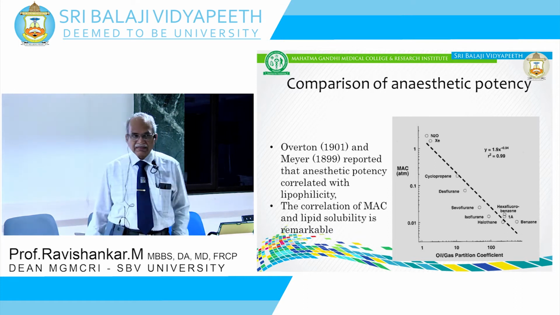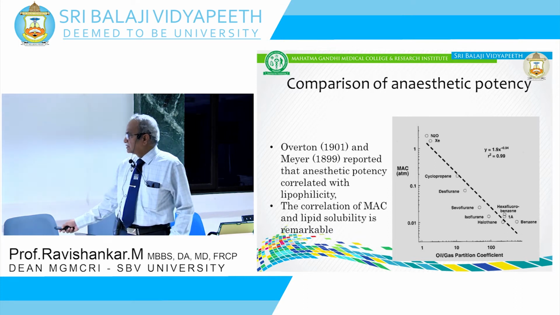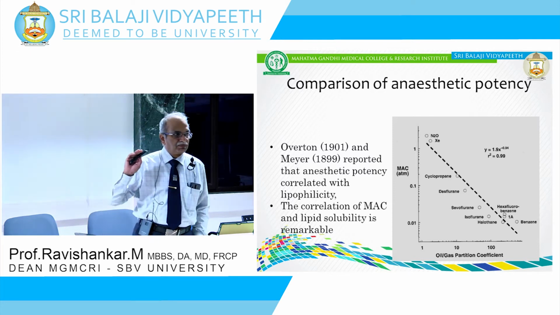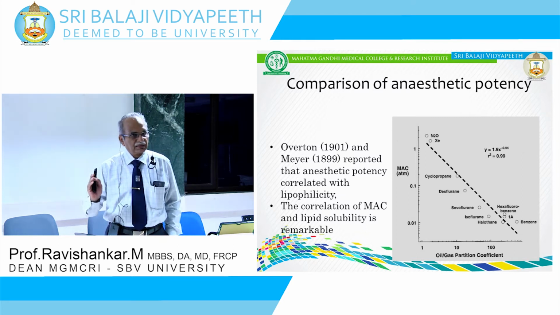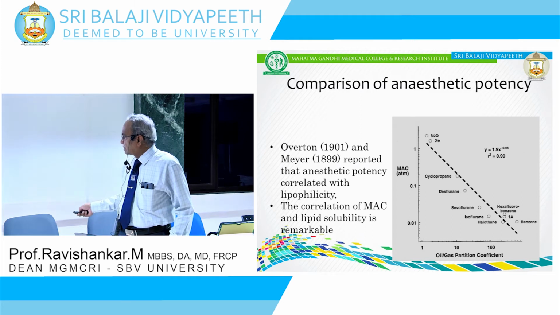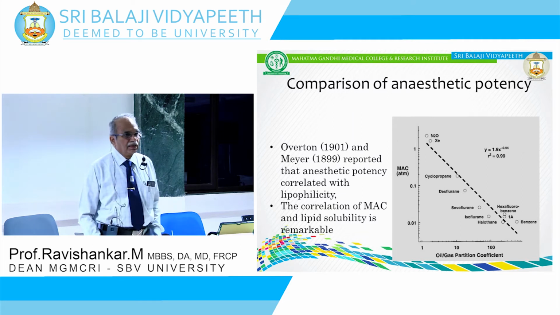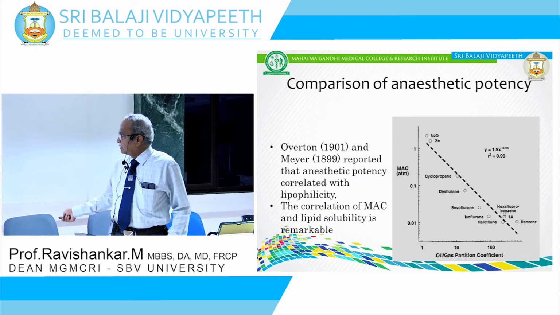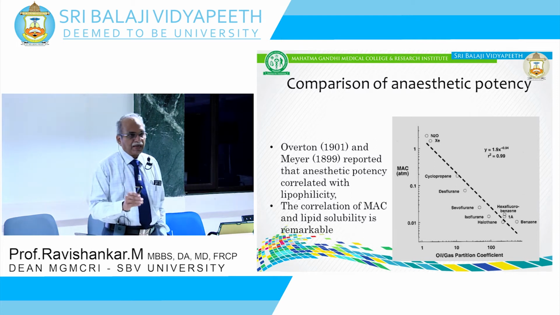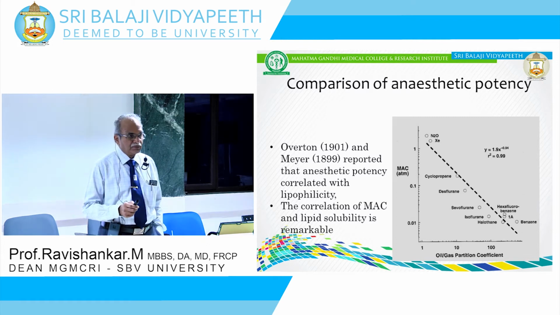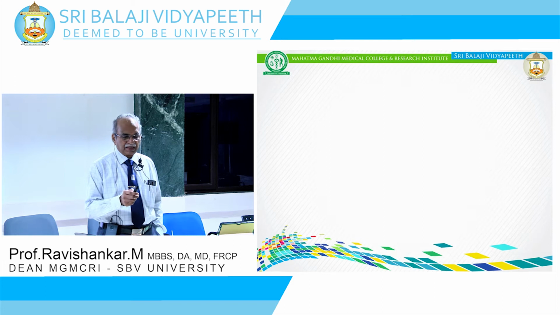In the same way, the correlation of MAC with the lipophilicity is remarkable. So the MAC value and the potency of the agents could be correlated. This is how desflurane is much more potent than halothane and isoflurane. That is the interpretation when you correlate the MAC with the oil-gas solubility of the agent. Understood? Because they fall on the same line.